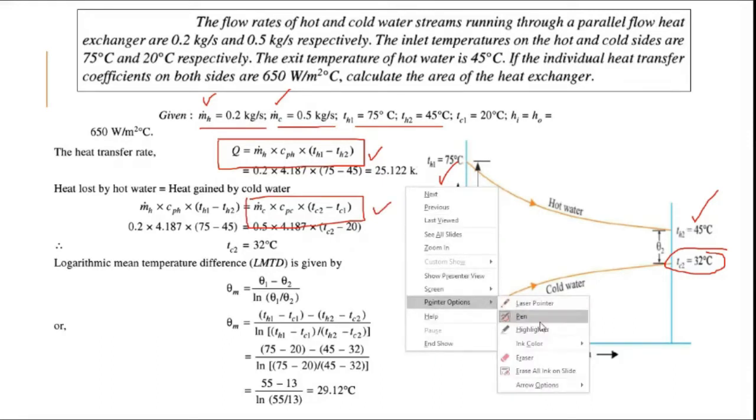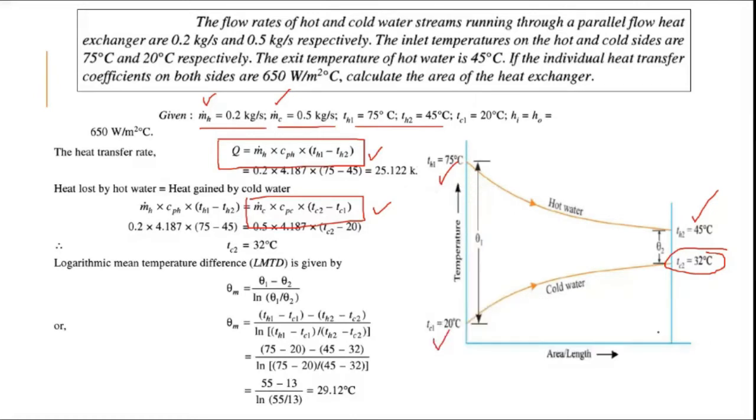Here the mh value is known to us, mh is equal to 0.2 kg per second. What is Cp for water? 4.187, sir. Okay, so Cp is 4.187 kilojoule per kg Kelvin. So Cph is known because the hot fluid is water. TH1 value is known, TH2 value is known.